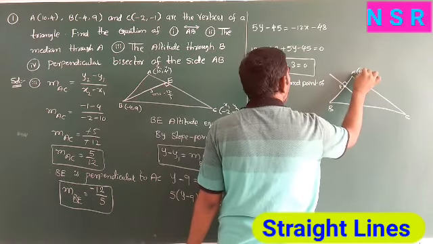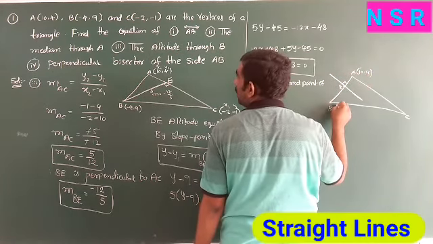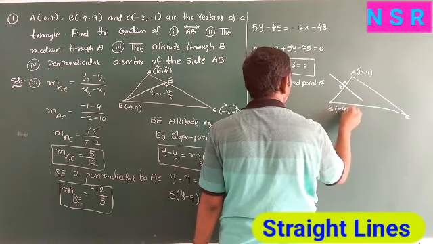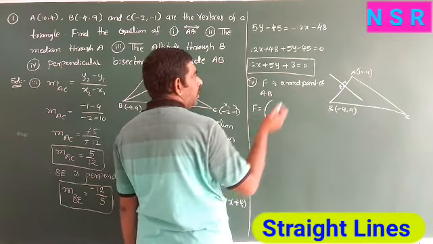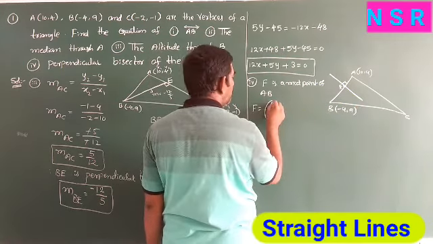So here A is 10 comma 4 and B is minus 4 comma 9. x1 plus x2 by 2, 10 minus 4 by 2, 4 plus 9 by 2. So 10 minus 4, 6 by 2 comma 13 by 2. Now F is equal to 3 comma 13 by 2. So we get a point on the perpendicular bisector.